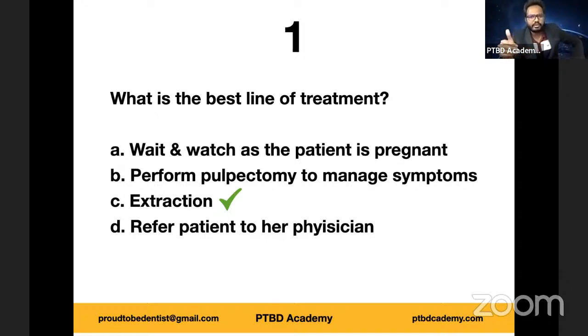So may not refer the patient to her physician, not required, right? So, I mean, following standard literature and then applying the same clinically. So option C, and as one of you rightly mentioned, we can go with elective dental care, which is very, very important, such as restorations, root canals, etc.